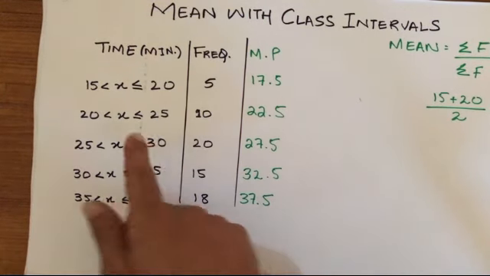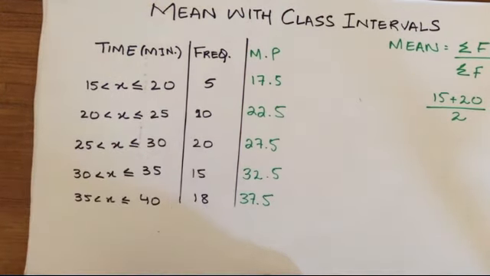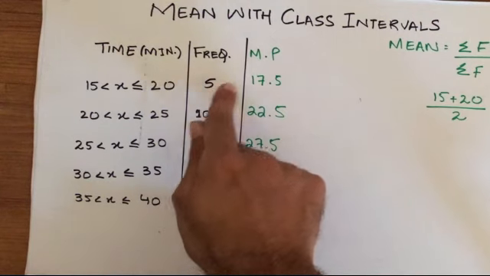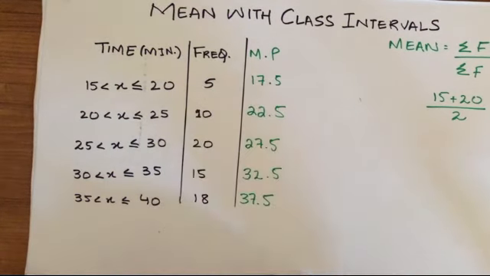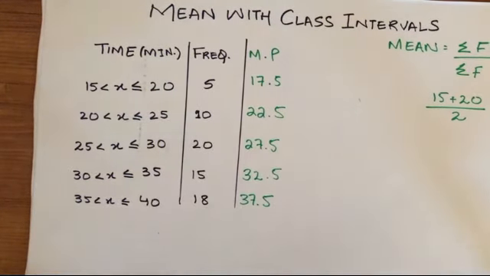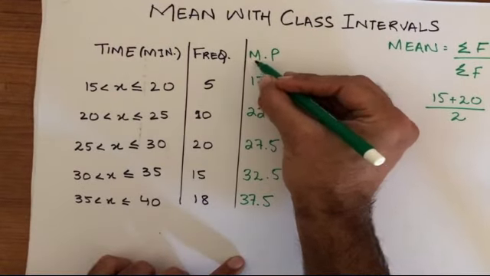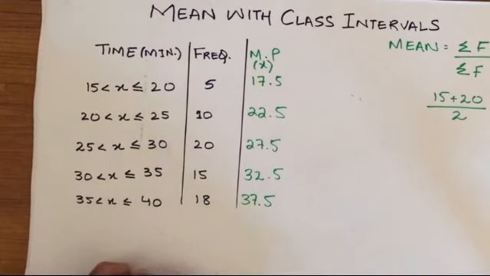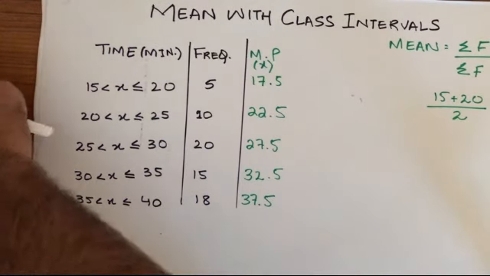Now previously we were multiplying the frequency by the data, but in class intervals you have this problem because you have this whole range to deal with. So what do you do? You multiply the frequency by the midpoint you've just found. In class interval questions, your midpoint is your x.